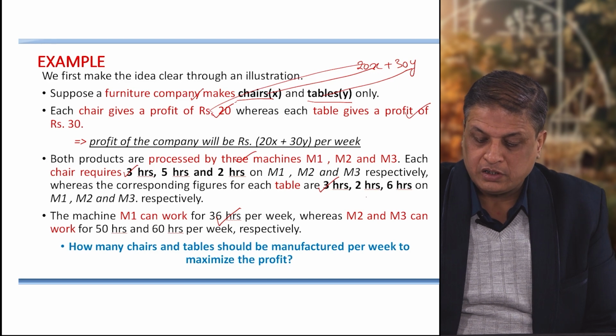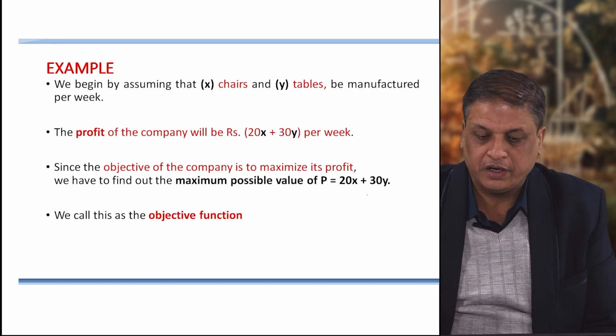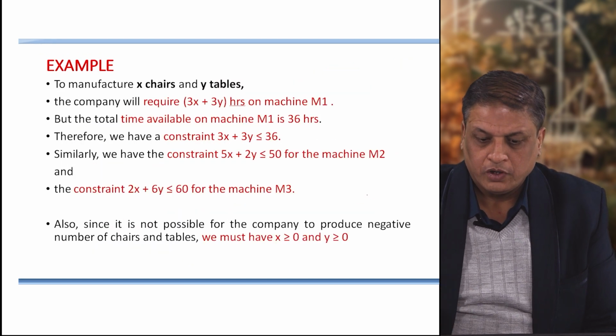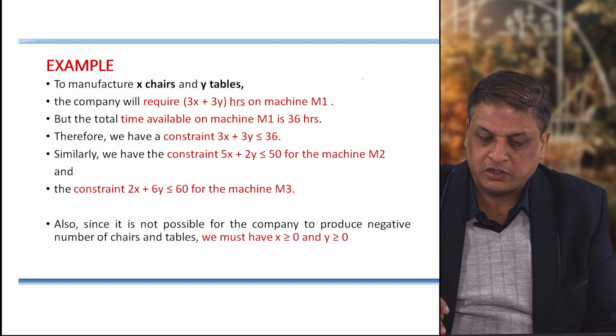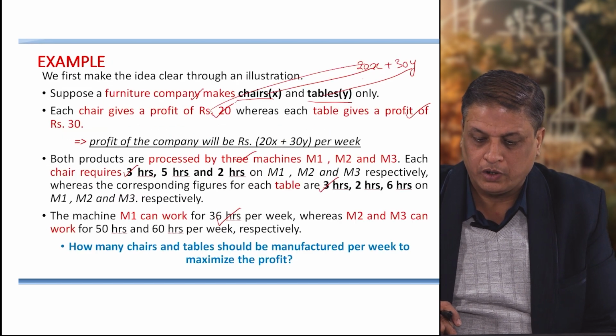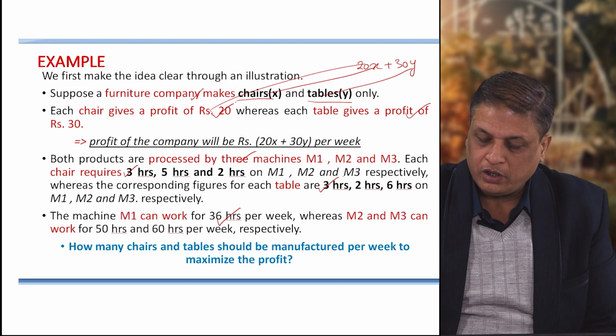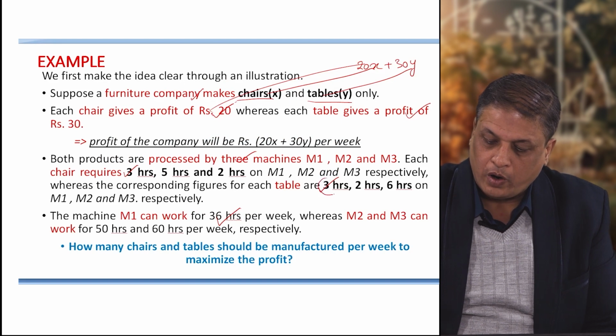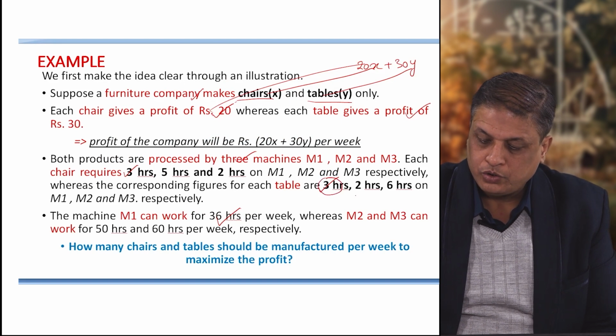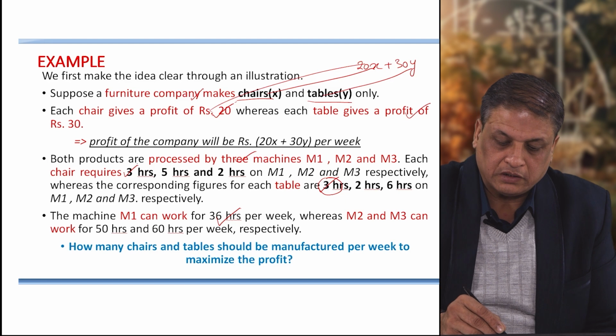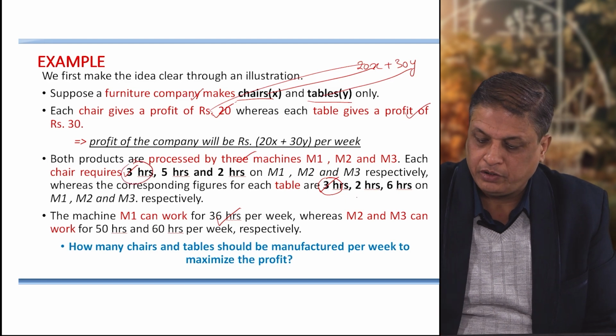So, the first constraint is 3x plus 3y should be less than or equal to 36, because 3 hours are required by the table and 3 hours are required by the chair on machine M1.